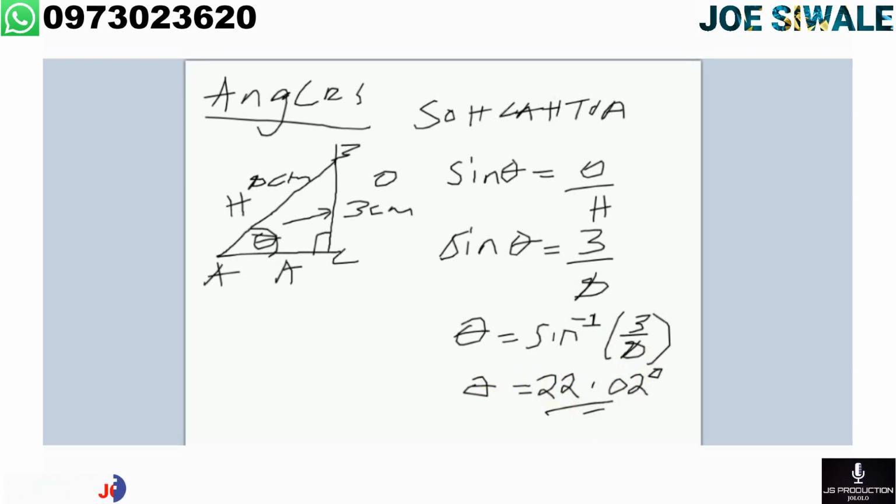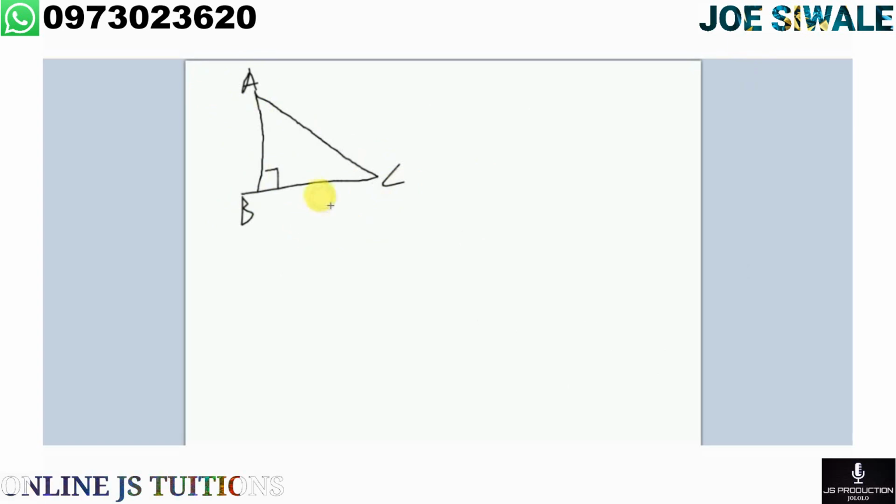Let's take another example. The triangle is in this form. This triangle is a right-angled triangle, and we have side A, side B, and side C. Side BC, I'm having 8.6, so this is 8.6 centimeters.